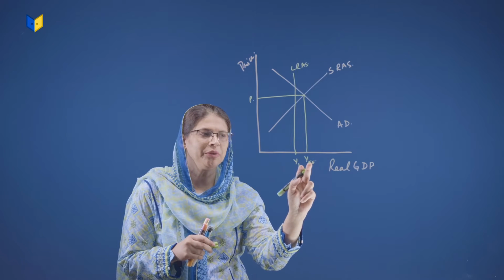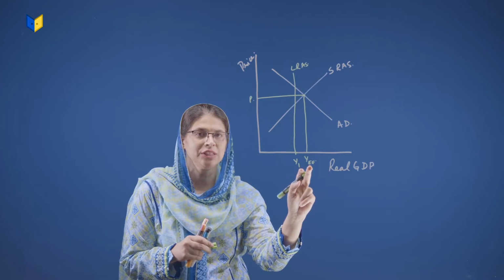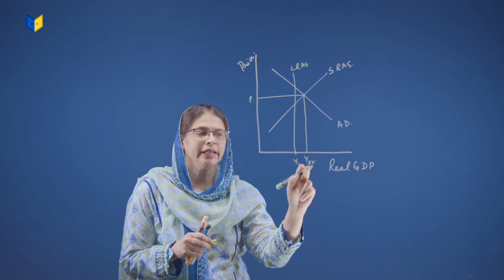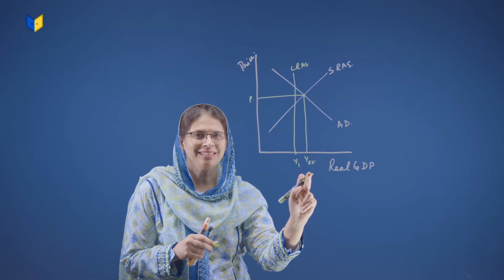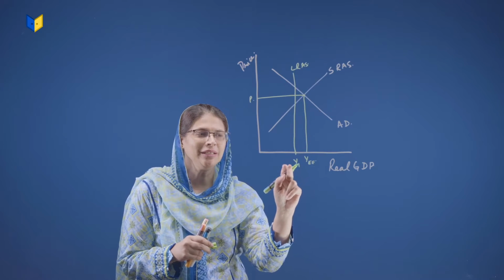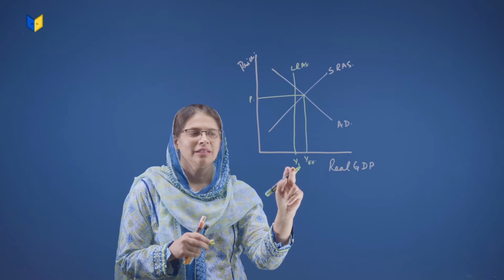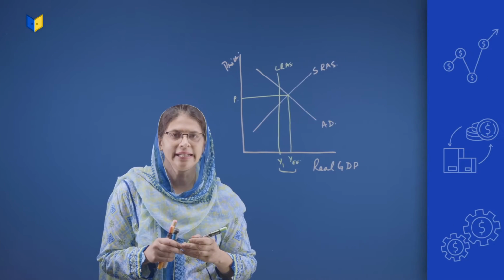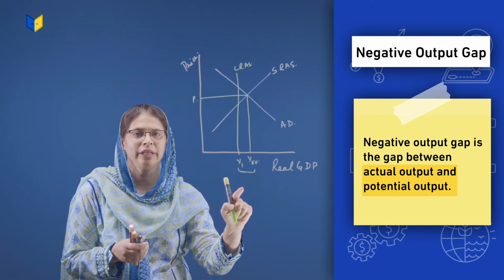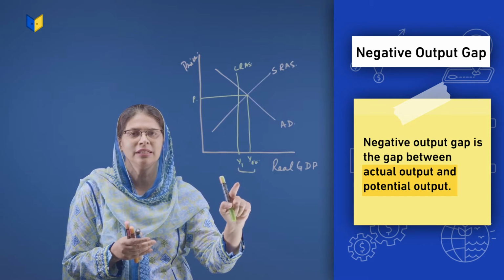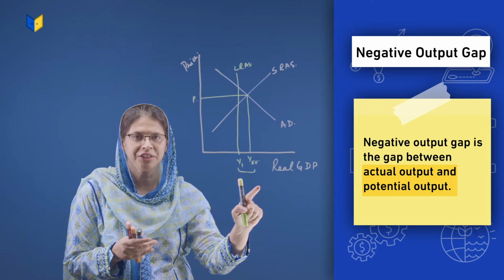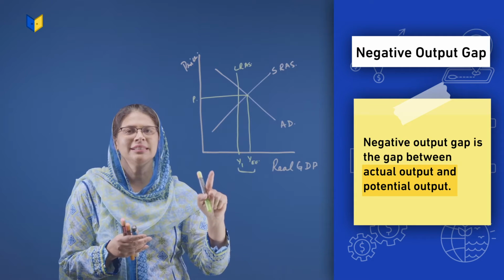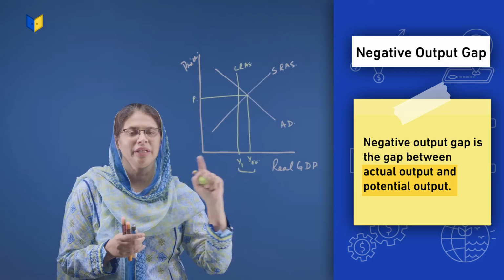I told you this is your potential, because this is what you can do at the equilibrium. But what are they doing over here? So this gap is known as the negative gap between the actual output and the potential output. So this is the negative output gap.